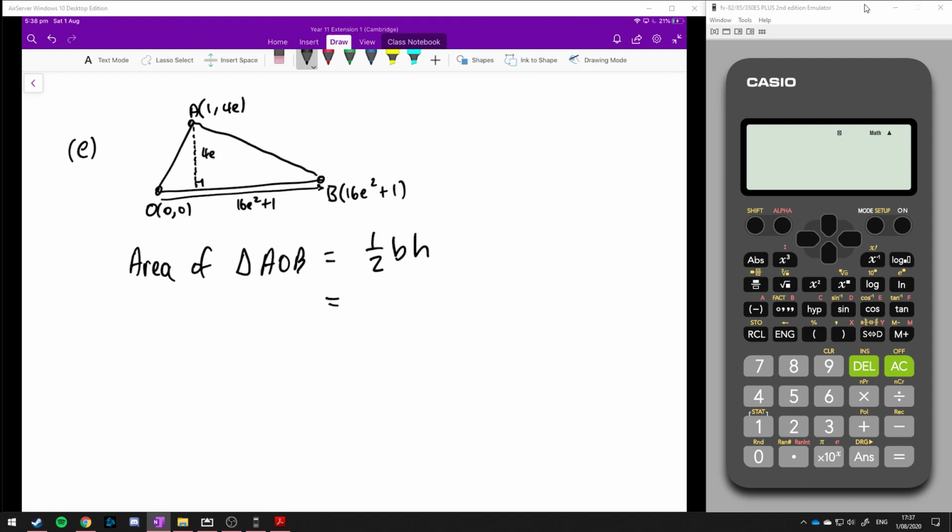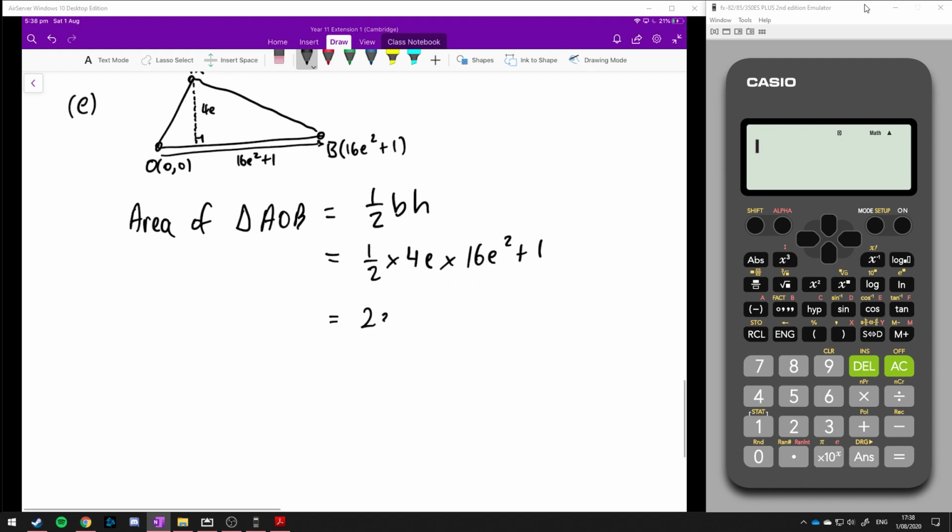The height is 4e, so it's a half times 4e, and then we times that by 16e squared plus 1, which is equal to 2e lots of 16e squared plus 1. If you want to expand that out, it gives us 32e cubed plus 2e, and that's what the area is.